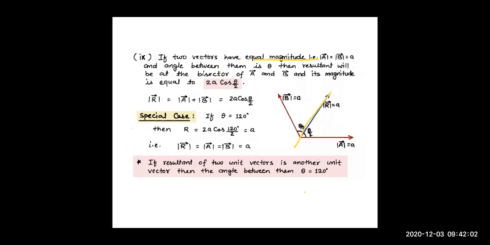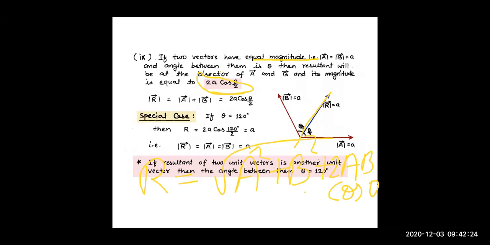So this will be the resultant. Its magnitude will be equal to 2a cos theta by 2. Children, you can just substitute the value in the resultant formula, that is a square plus b square plus 2ab cos theta. So this is your homework.